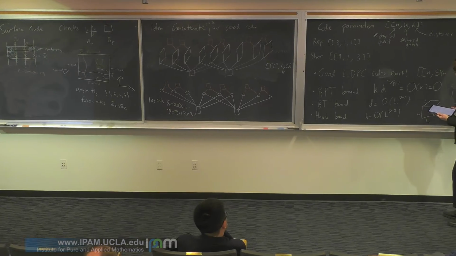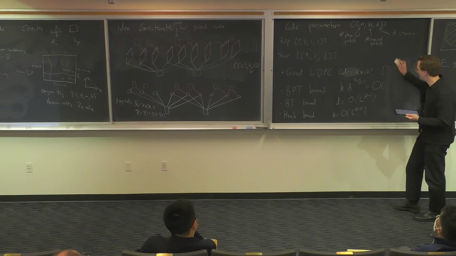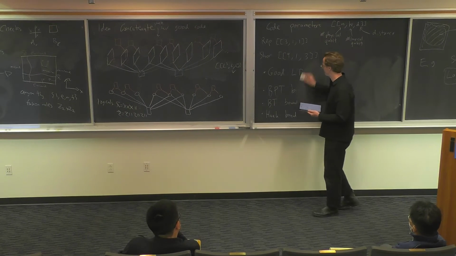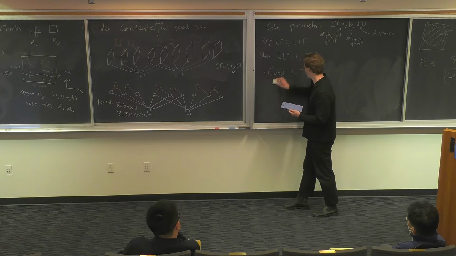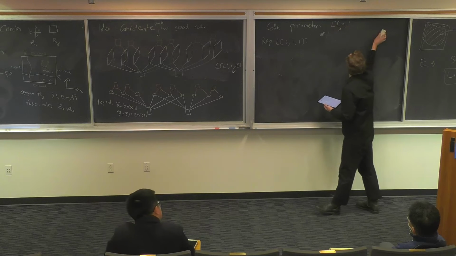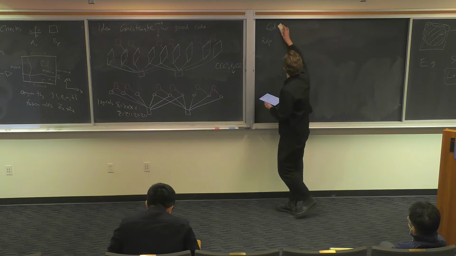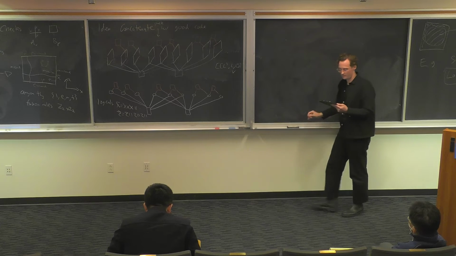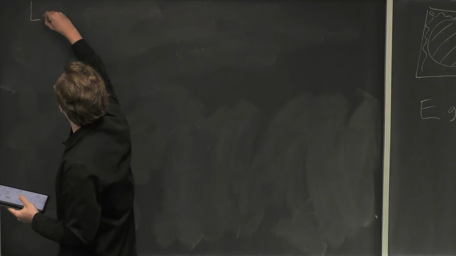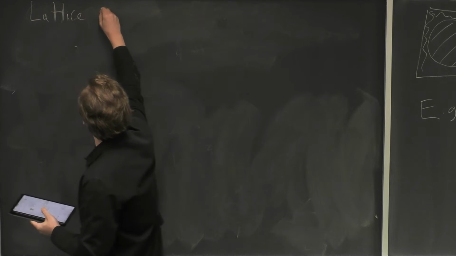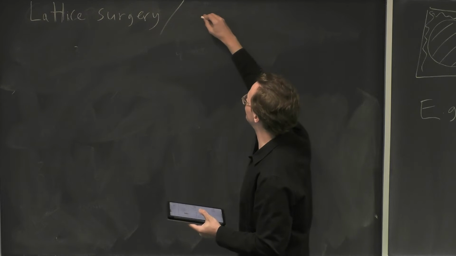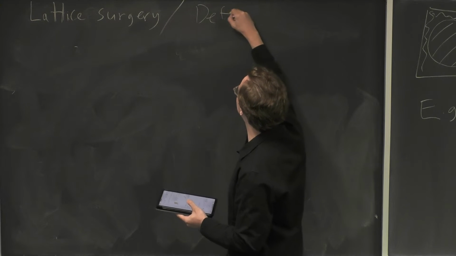So then we just need basically one trick, and we can do this whole weight reduction. And the trick is to use lattice surgery or some generalized version of it, which is essentially the same as topological defects.